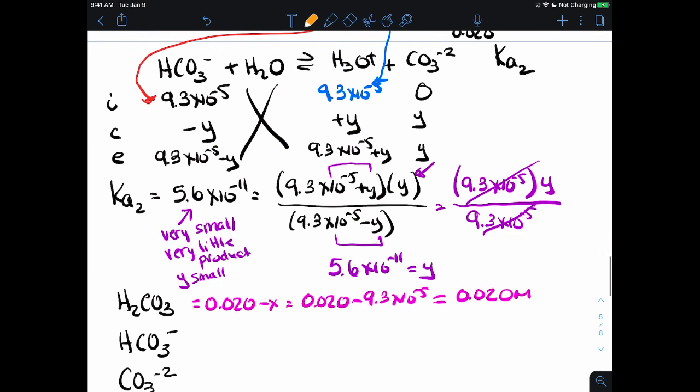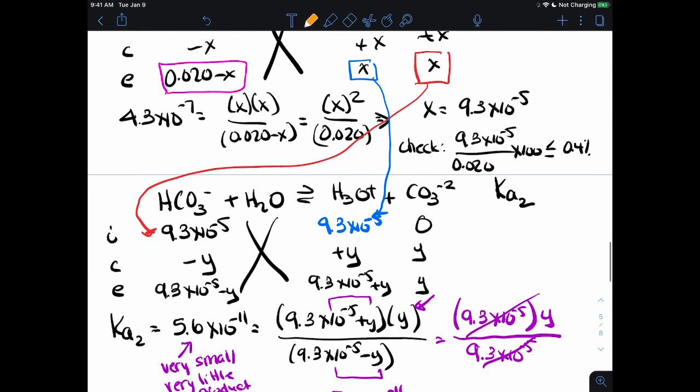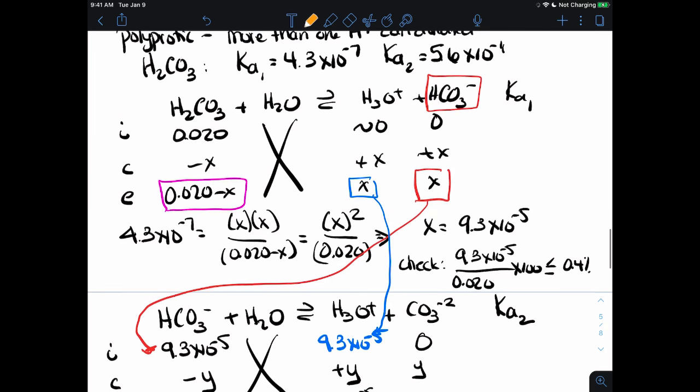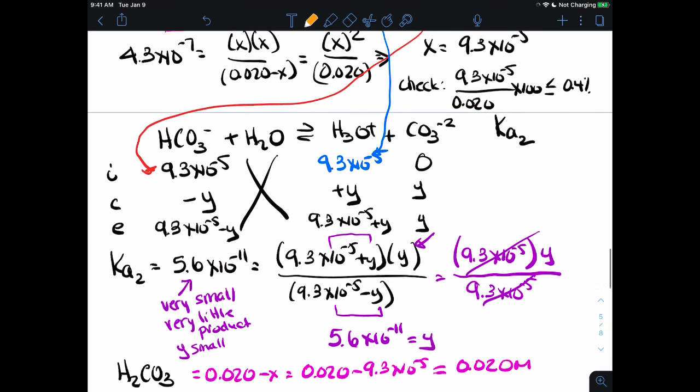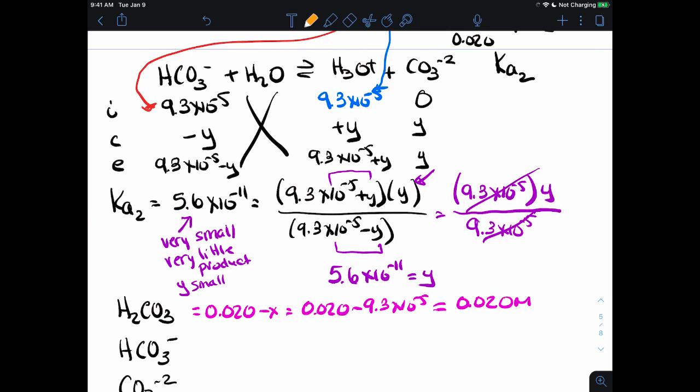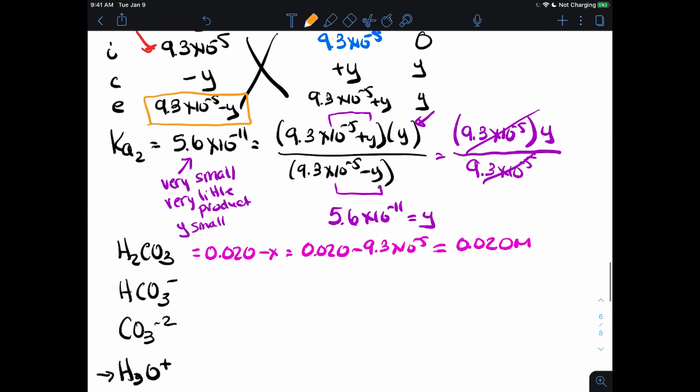HCO3 minus, well, it was a product in the first and then a reactant in the second. So the amount of HCO3 ultimately ends up being right there. 9.3 times 10 to the negative 5 minus y. So 9.3 times 10 to the negative 5 minus that 5.6 times 10 to the negative 11. So it remained unchanged from the first step.